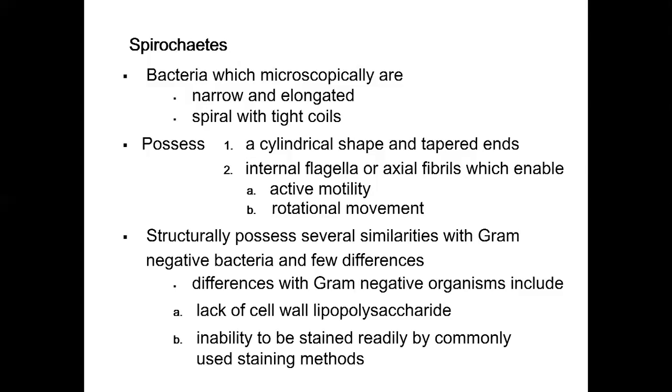Among the differences, they don't have that important characteristic of gram-negative organisms, that is possession of lipopolysaccharide in the cell wall. That one is absent. And then, unlike the gram-negative organisms that you're familiar with, that are easily stained using the gram stain, these particular ones are not easily stained.